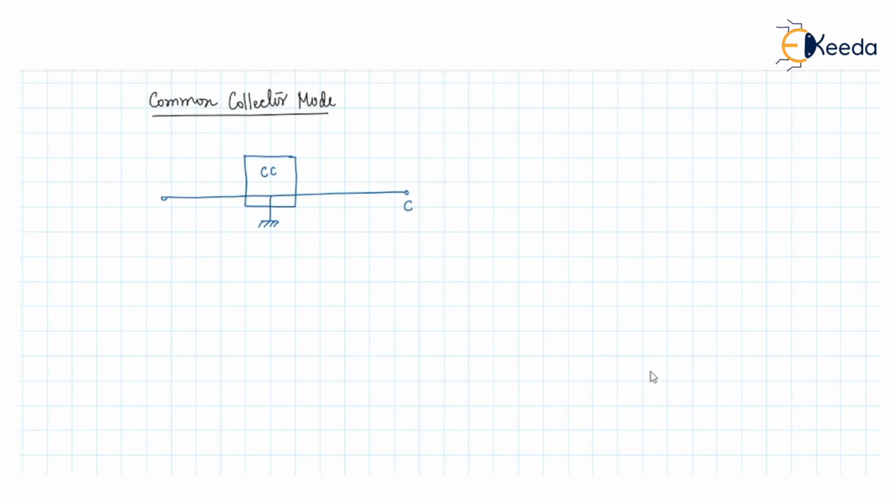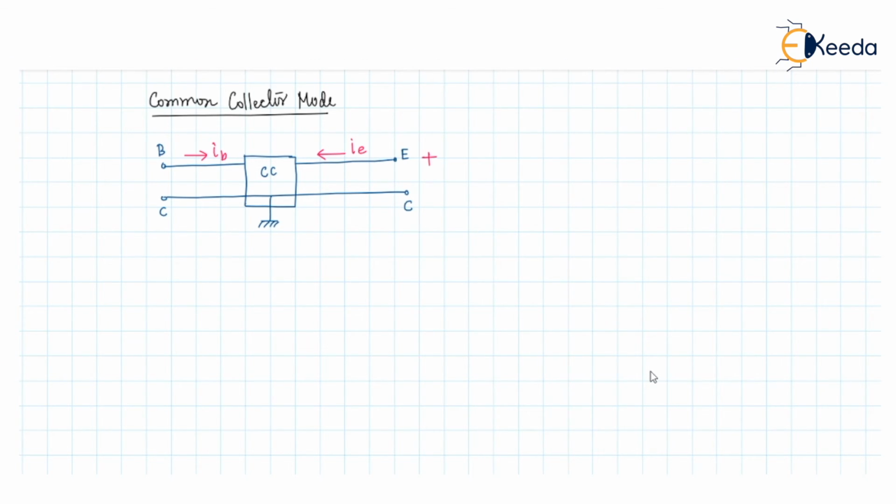So this is the common collector, and as we know, in the input port there must be only the base terminal and the emitter will be at the output terminal. So we can say the input current will be the base current and the emitter current, IE, will be the output current.